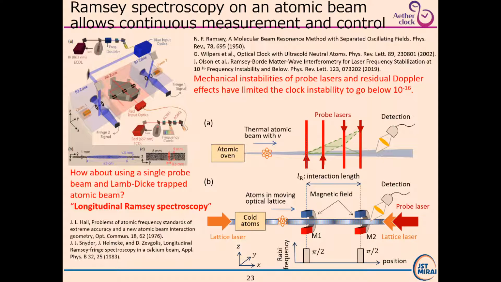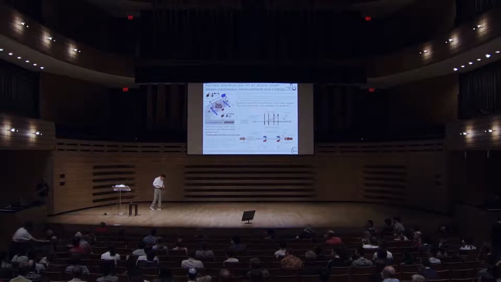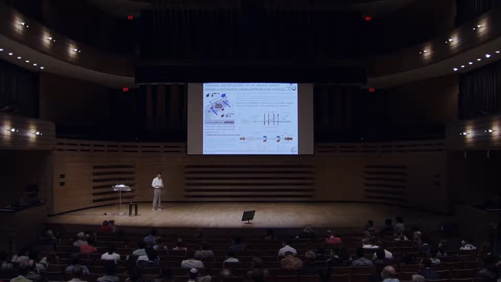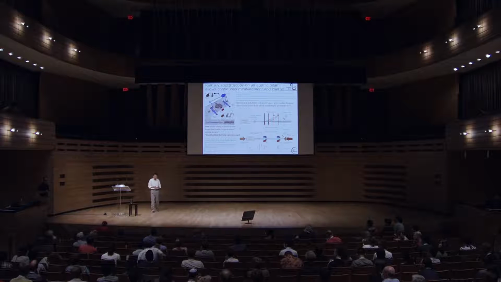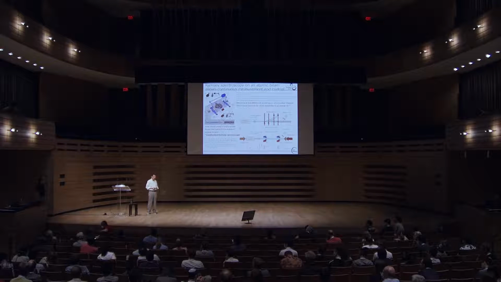I guess one more quick question from June. I just want to make a comment regarding Bill's question and Hidetoshi's answer. If the probe laser, or in the old days of a cesium clock the microwave, is a local oscillator, as long as its coherence time is longer than the separation of the two zones divided by the velocity of the beam, then you can do this continuous scheme. You just cannot let the phase evolution go beyond a single fringe of your Ramsey.